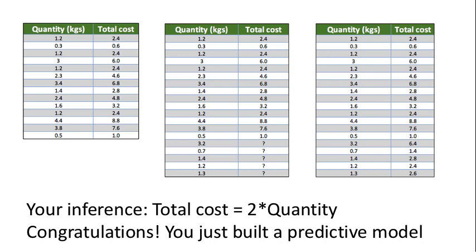What effectively happened was, I showed you this data, you learned the underlying pattern from it, and then you were able to apply that pattern, or model, to future cases. All these are future cases that were not shown to you before, but were shown to you later, and you were able to determine a value for those based on the model that you built, the inference that you performed, which is your model, based on the data.